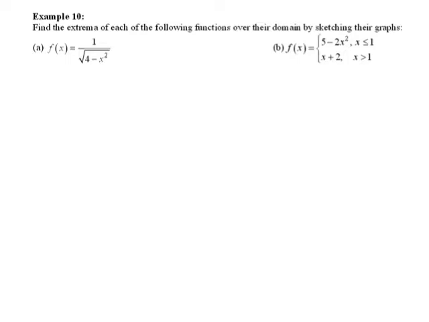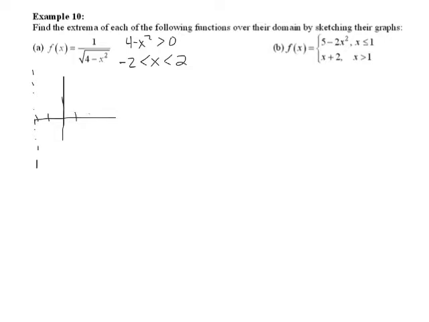So example 10a, through some analysis of the curve you could see that the denominator restricts our domain, and we get that 4 minus x squared has to be greater than 0, which means that x is pinned between negative 2 and 2. And we use that fact to help us draw the graph.